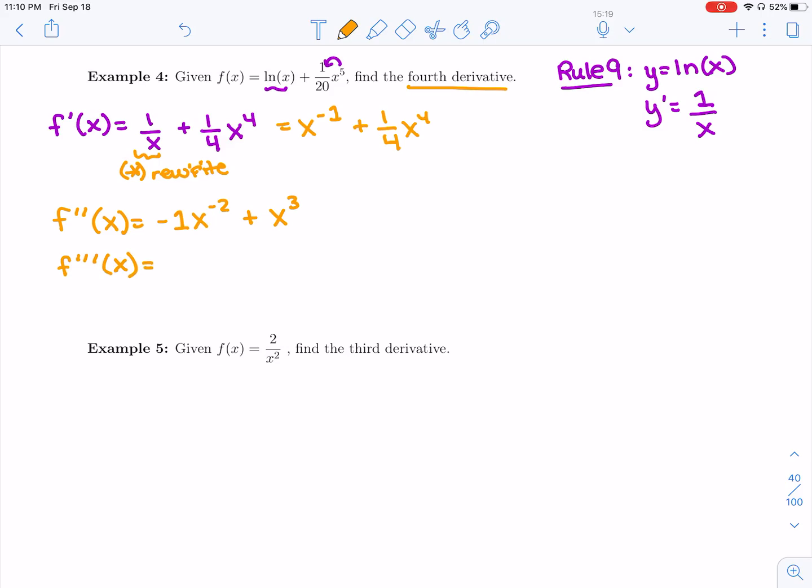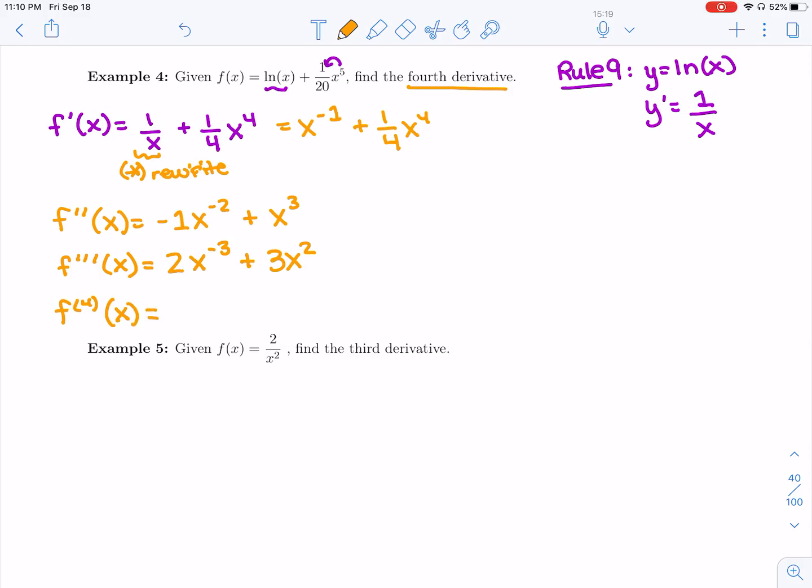We're going to bring down the power again. Negative 1 times a negative 2 is going to be, two negatives are going to be a positive 2x to the negative 3. Derivative of x to the 3 is going to be 3x to the 2. I'm asked for the fourth derivative, so one last one to do. And we do a 4 in superscript up high.